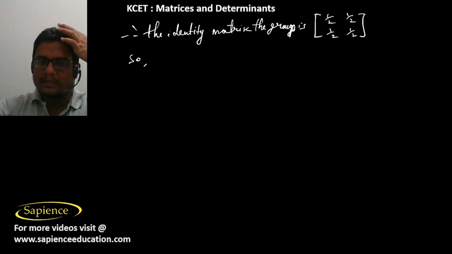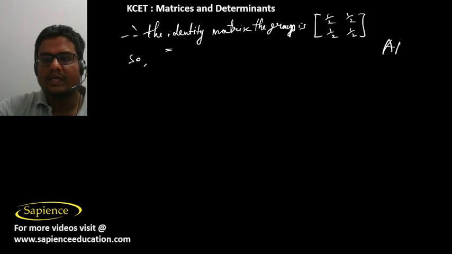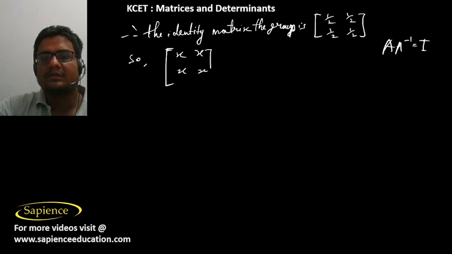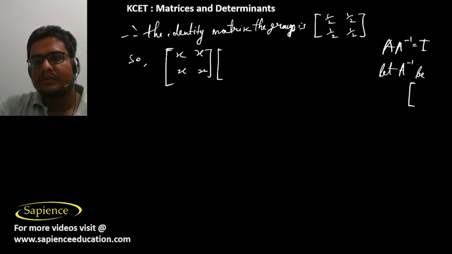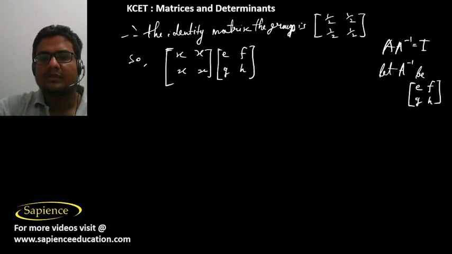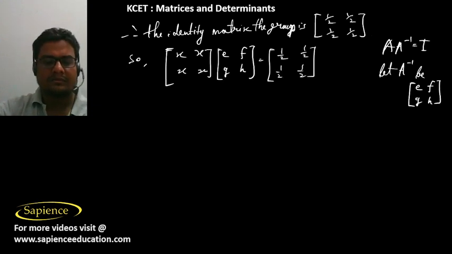Now we know that A into A inverse should be equal to I. So if we take the matrix [X, X; X, X] into A inverse, let A inverse be [E, F; G, H], and that is equal to [1/2, 1/2; 1/2, 1/2].